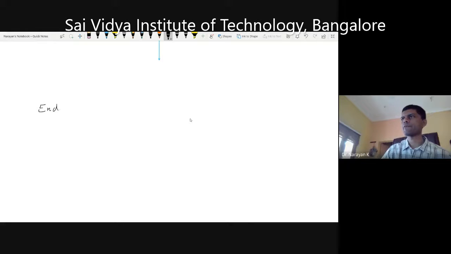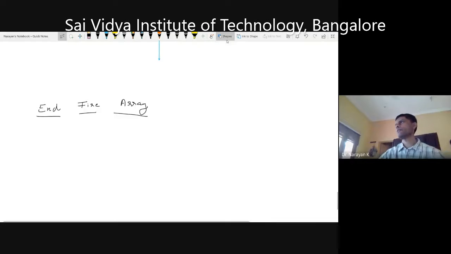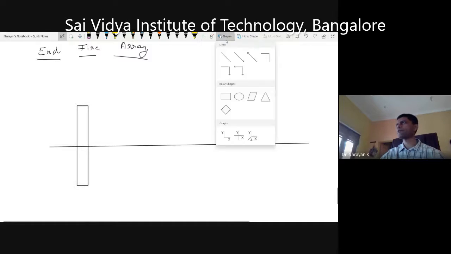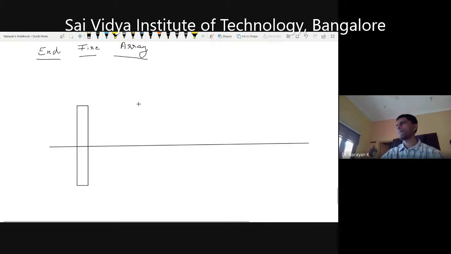Next thing you have is end fire array. That is the second type of array we are studying. In your end fire array, it is very similar to broadside array. Your direction of maximum radiation will be along the axis. How to realize that? We'll be doing these things mathematically. This is your end fire array I'm trying to draw. These are the various elements of the antenna.